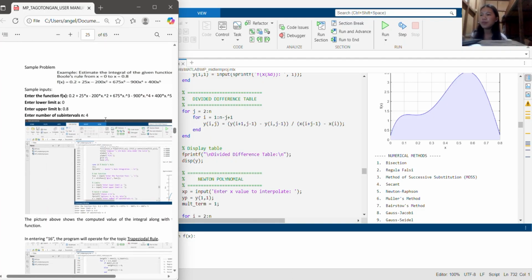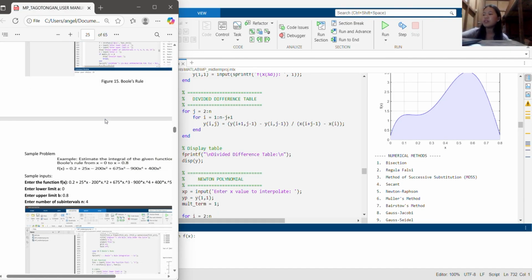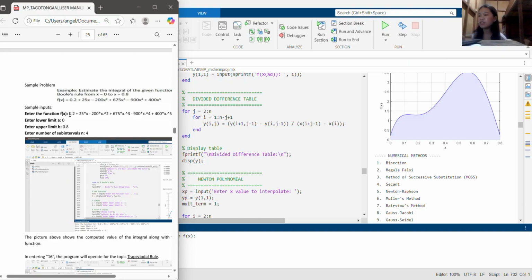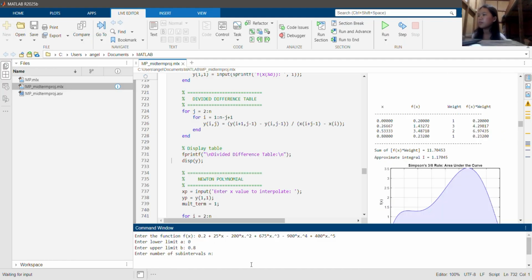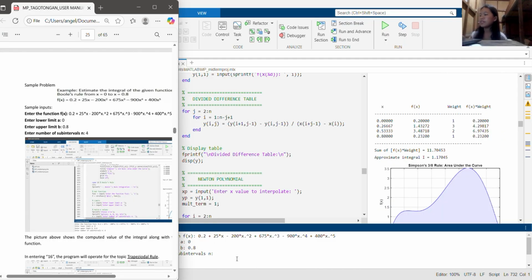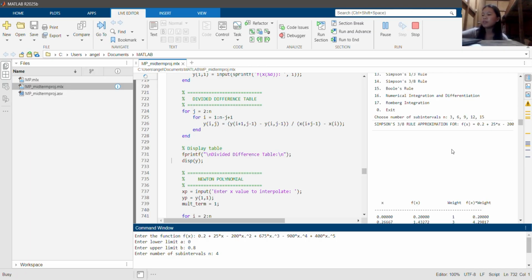Next is Boole's rule, which is number 15 in the choices. And then we're going to enter the same function again, and the same lower and upper limit.